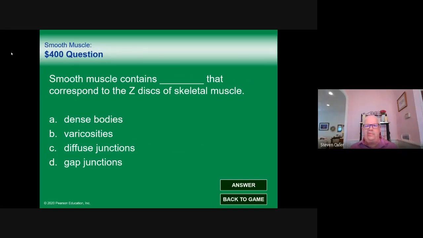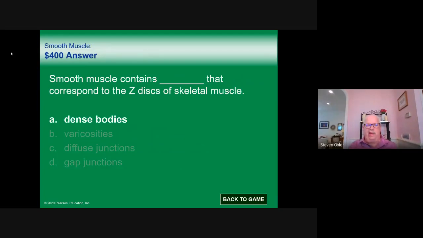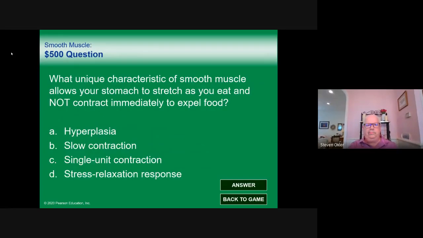Smooth muscle contains blank that corresponds to the Z discs in skeletal muscles. Hard question. I would not ask it. It is dense bodies. What unique characteristic of smooth muscle also allows your stomach to stretch as you eat and not contract immediately to expel food?